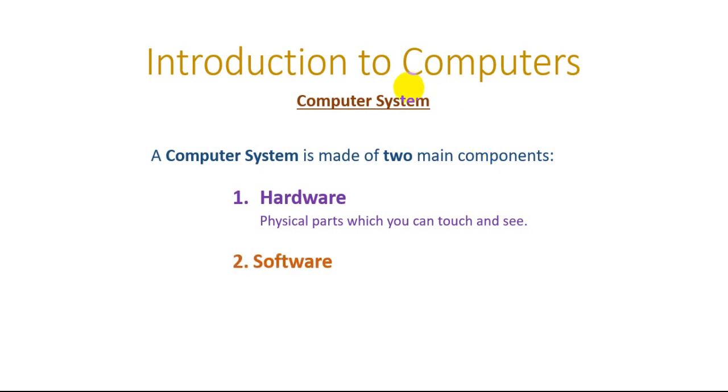Then we have the second part, which is the software. These are the instructions and data that you give the hardware to do something. So these instructions and data are things which you cannot see. The part which you can't see is called software. The part which you can see is called the hardware.